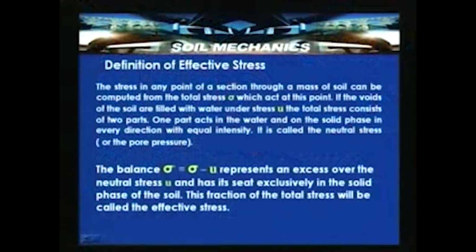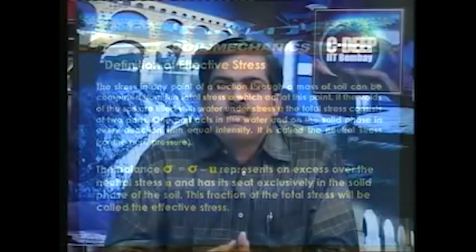The stress at any point of a section through a mass of soil can be computed from the total stress sigma which acts at this point. If the voids of soil are filled with water under stress u, the total stress consists of two parts. One part acts in the water, and the other part acts in the solid phase.